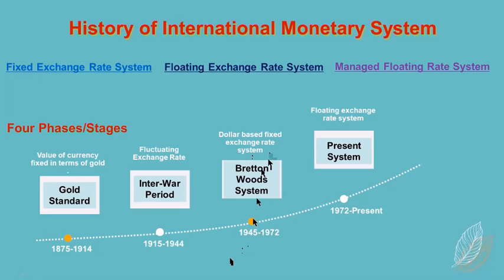And here it is noteworthy that the conference was organized in a town named Bretton Woods in USA. Hence, it is called Bretton Woods Conference, and the system is called Bretton Woods system.